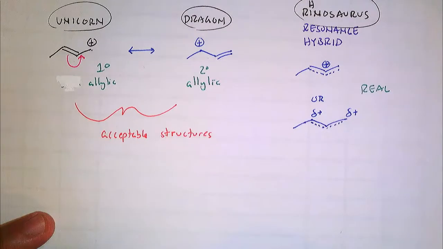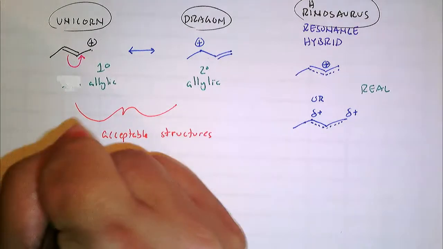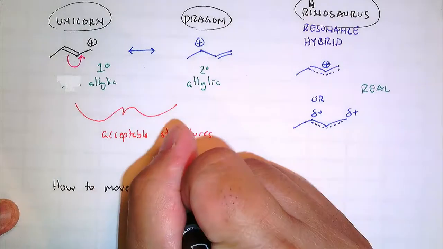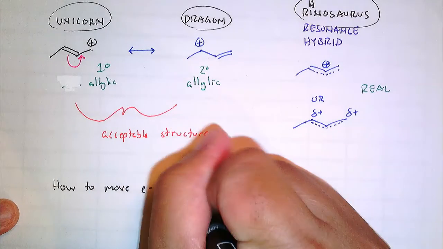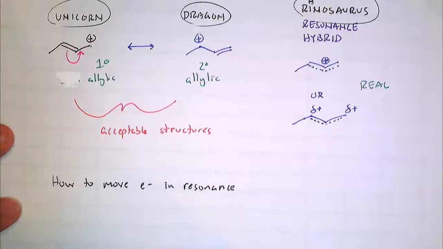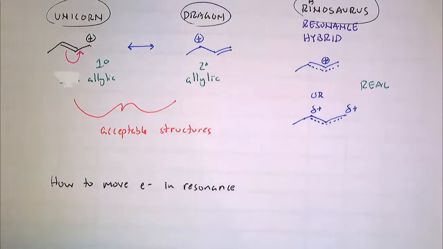Let me give you some rules. I have time. And these rules are how to move electrons in resonance. Because you just can't take any electrons and put them anywhere you want to make a new valid structure.